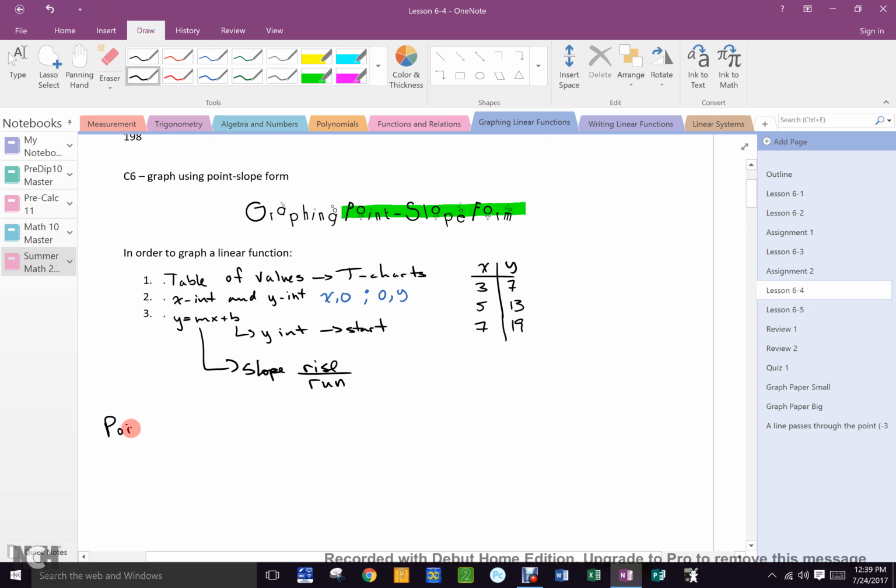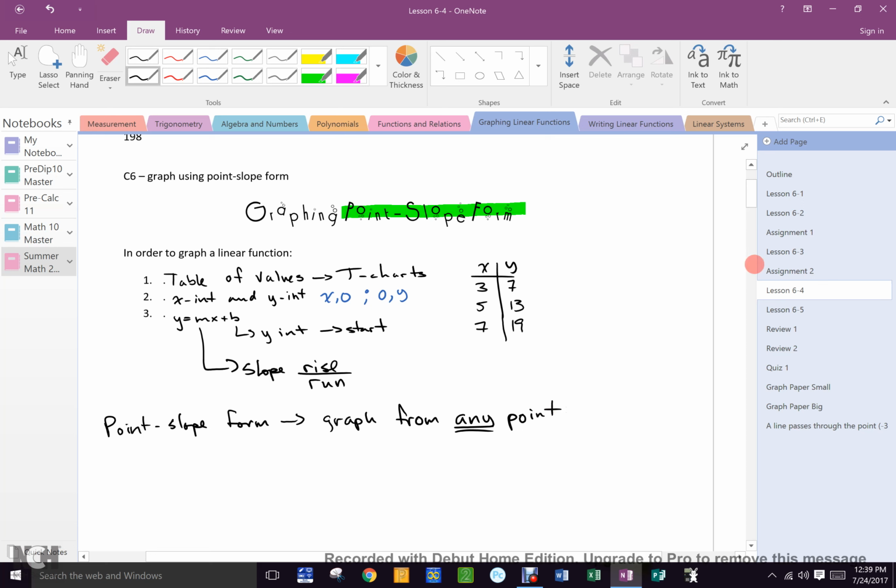There we go. Point-slope form means I can graph from any point, not just the y or x intercept. Okay?